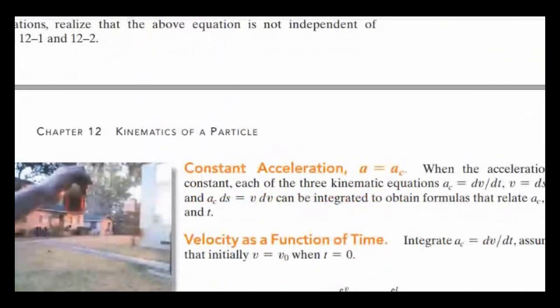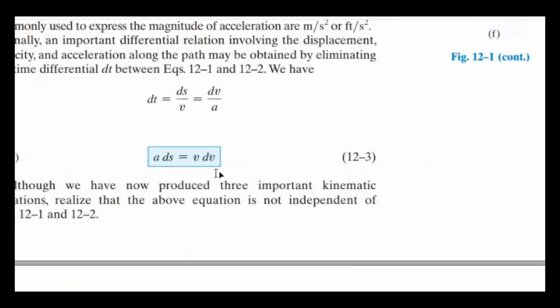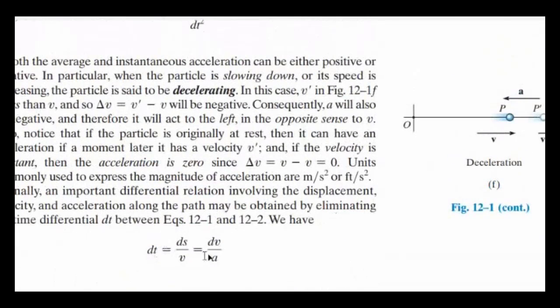By this time we also see this equation: dt is equal to ds by v, because v equals ds by dt, if you remember, and a equals dv by dt. So dt comes to one side: ds by v and dv by a. This one is okay? Yes, sir.